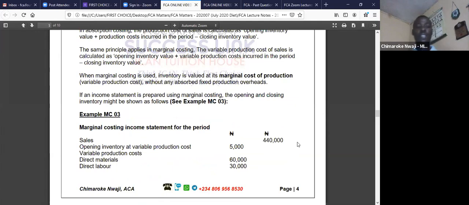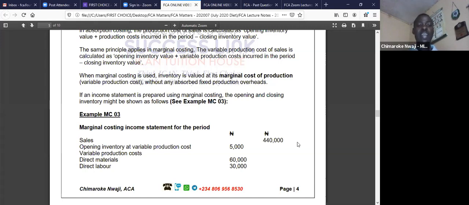Now, if you look at this question here, the sales here is 440,000 naira. Yeah, that's the revenue. Now, your opening inventory, this one is at variable cost. It's an assumed figure, 5,000 naira. Then your variable production costs. These are the items that make up the variable production cost.